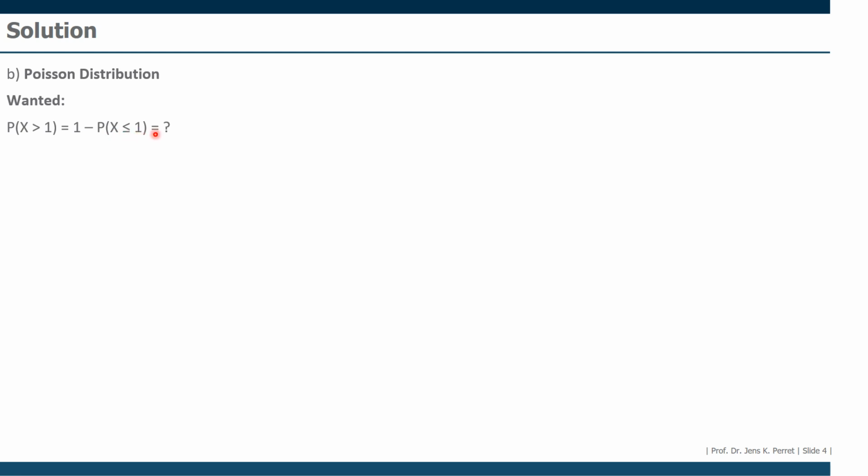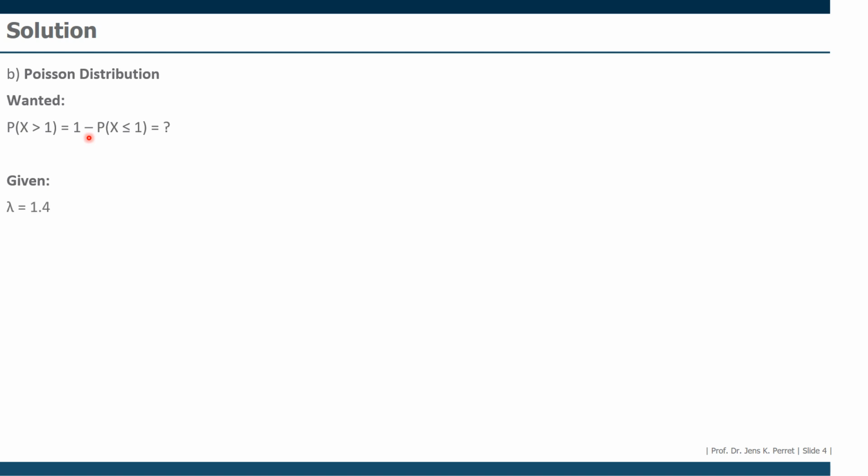Why? Well, because this would translate into an easier term, because there's only two numbers which are met by this. This is 0 and 1. And the probability of X being equal to 0, we just calculated in part A. So it's actually only one probability we need to calculate in this case.